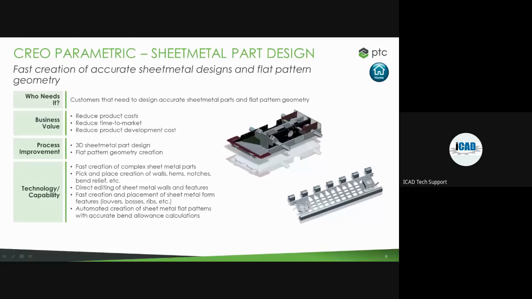We can do fast creation of accurate sheet metal design and flat pattern geometry. When we are working with sheet metal design, at the end we need the development length for every sheet metal model, because whatever sheet metal work we do, we need one raw material as a single sheet.